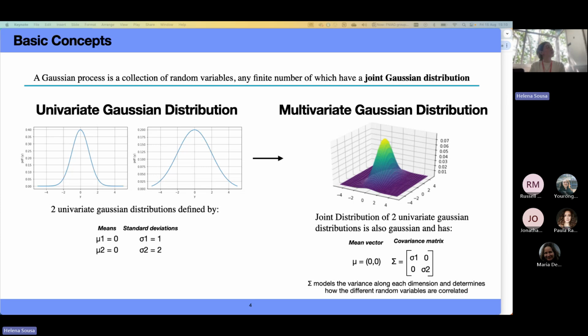This gives us a joint distribution over both variables that is now defined by a mean vector and a covariance matrix, in which the diagonal holds the variance of each of the univariate distributions, and the other elements define how the variables correlate with each other.